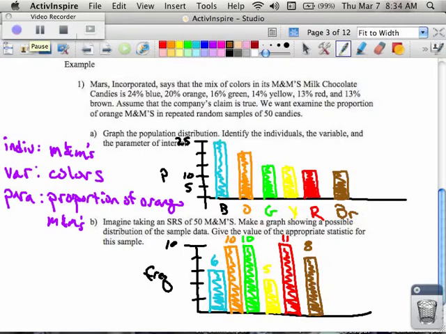Okay, so in our one pack of M&Ms that Malin opened up, what you'll notice is that in the distribution of your simple random sample of 50 M&Ms, we ended up with 6 blue, 10 orange, 10 green, 5 yellow, 11 red, and 8 brown. If we were each to have a separate pack of M&Ms, our samples could all be different.